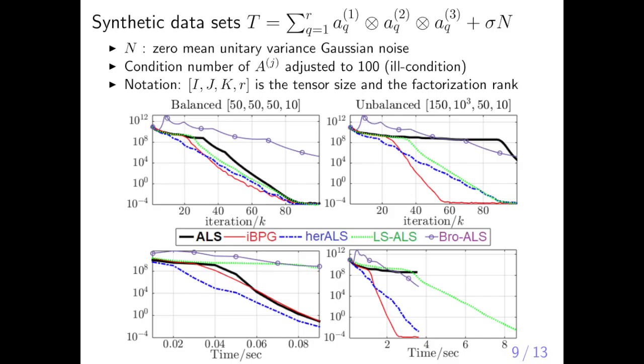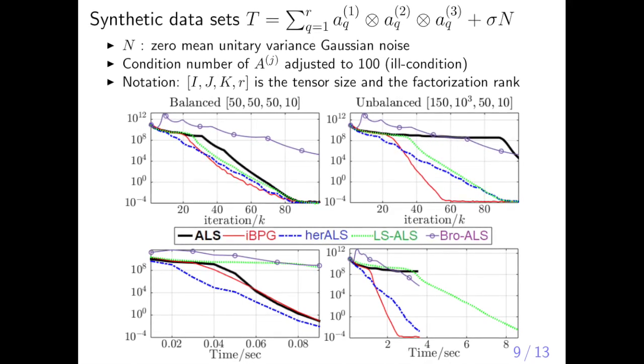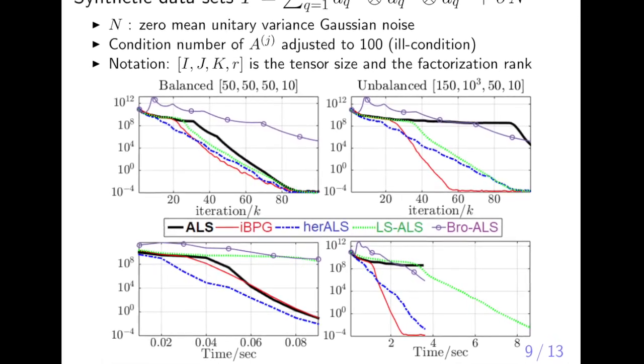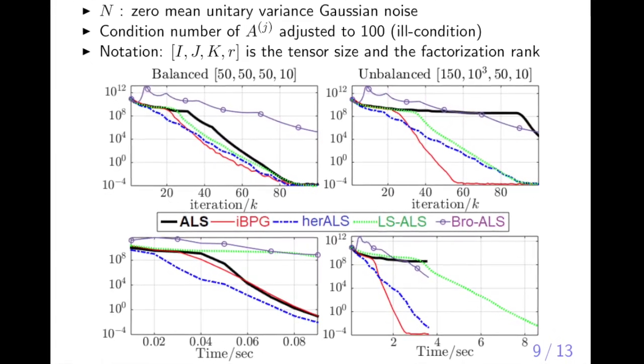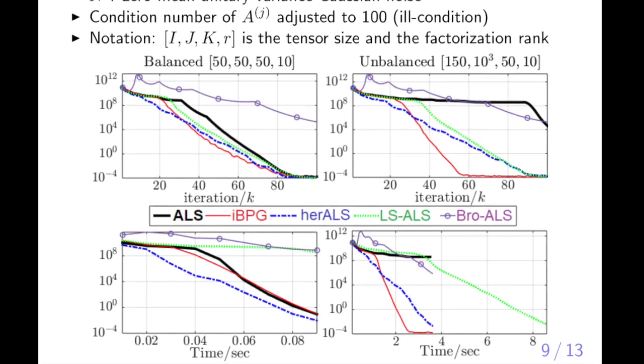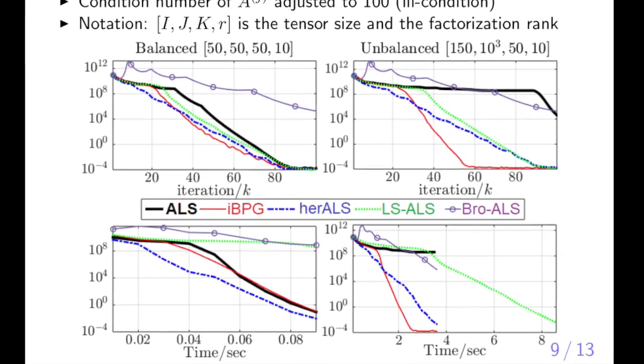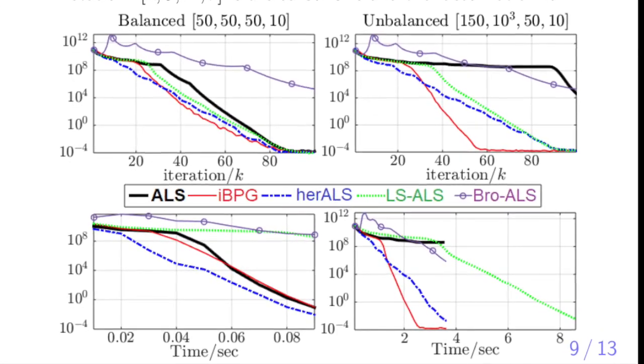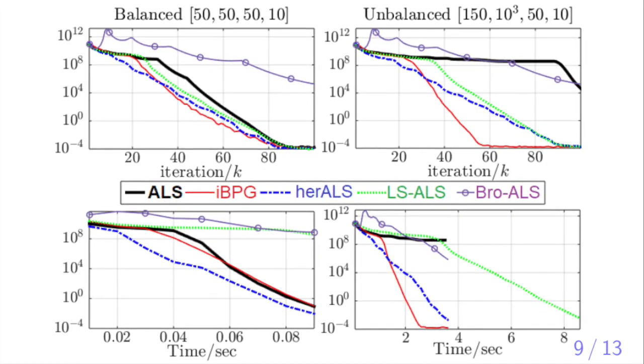While for the other algorithms, they are all extrapolated. 3 of them escape the swamp. Finally, for the green curve, the LS-ALS, it goes down very fast in terms of iteration, but in fact, if you look at the time, it goes down very slowly. This is due to the fact that line search is computationally expensive.